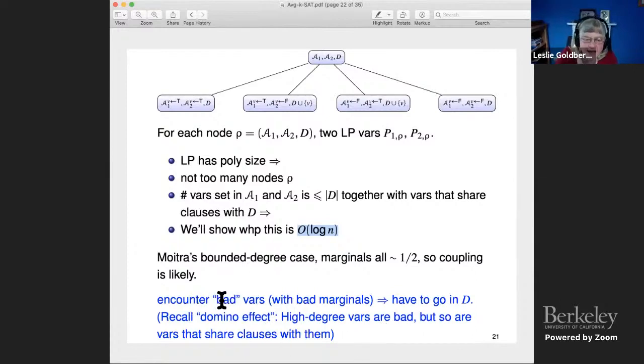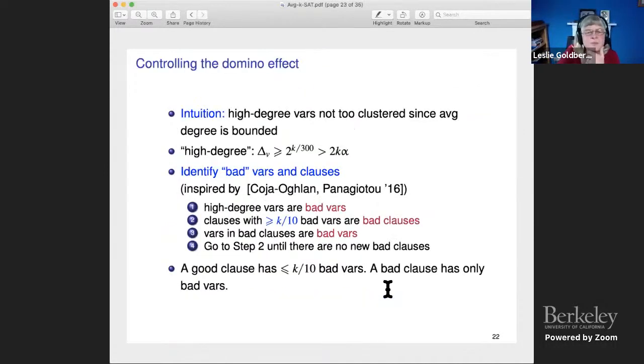Now, in the case of random k-SAT, we get bad variables, by which I mean variables that have bad marginals that are not near a half. And remember, there's a domino effect: they're the high degree ones, and anything that shares clauses with high degree ones, and so on. So our intuition is that these high degree variables are not too clustered, and that's because the average degree of the formula is bounded.